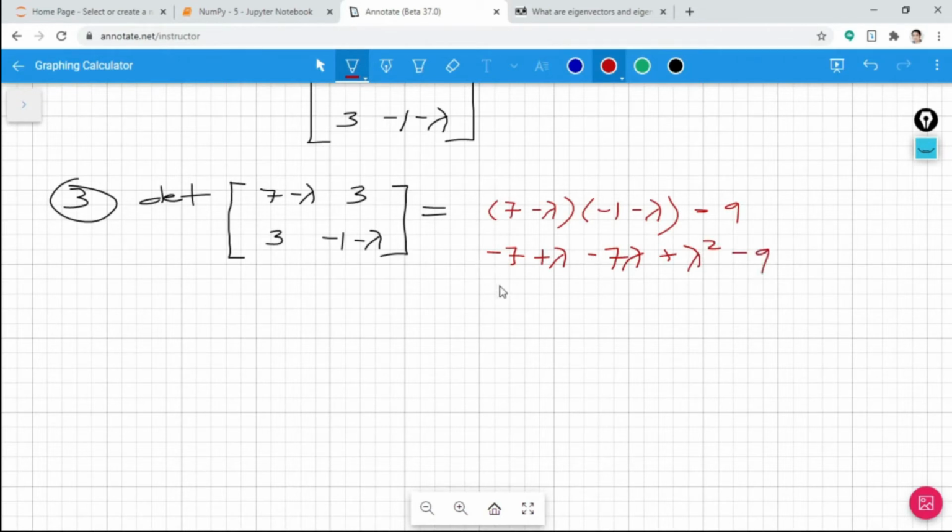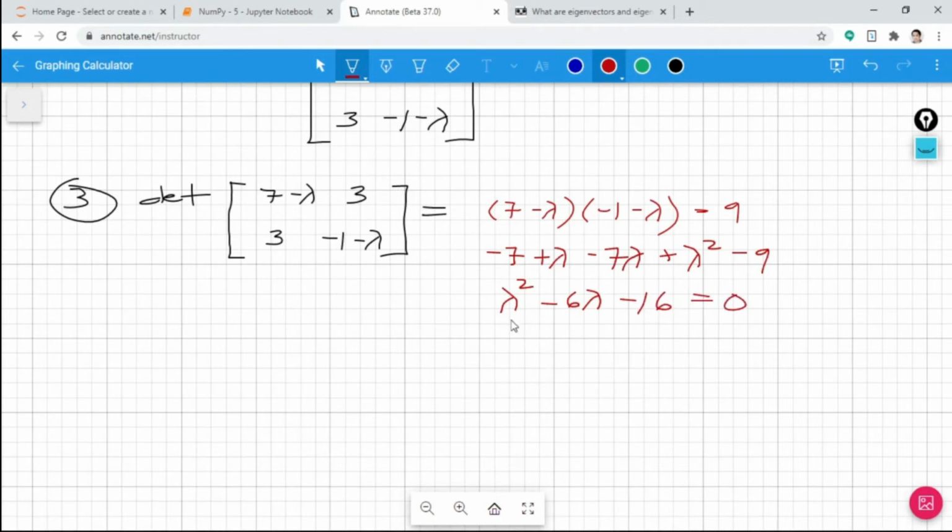If we simplify this one, this is lambda squared, minus 6 lambda, minus 16. Okay, so this will be equivalent to 0.